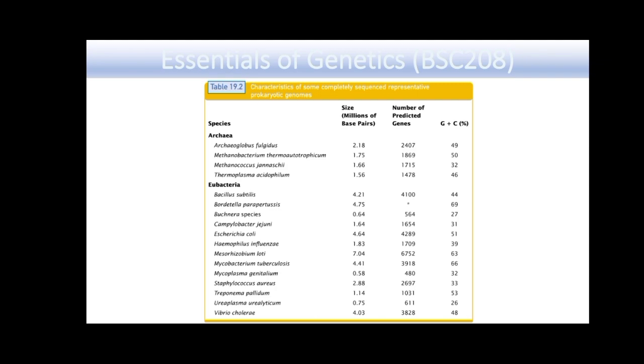So in this field there is still room for research, and scientists are working on these species, because there are millions of bacterial species on this earth, and only a few thousands have been completely worked out, because it is very difficult to culture and grow all the bacterial species.